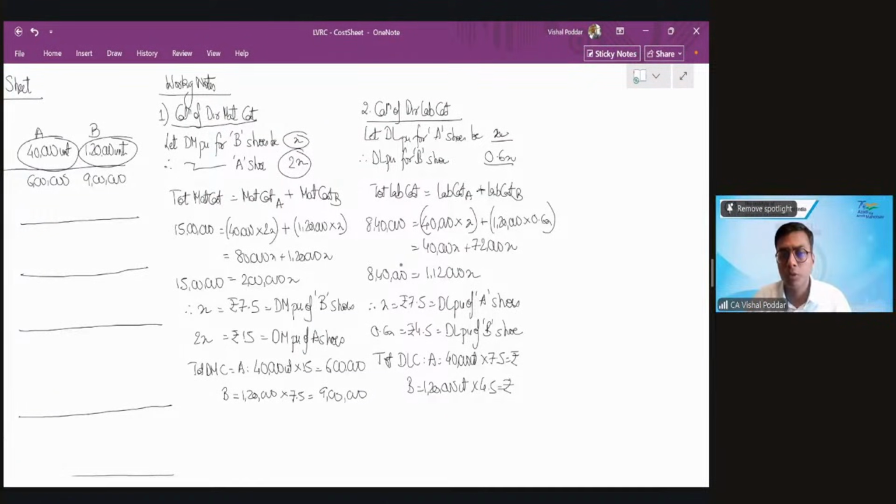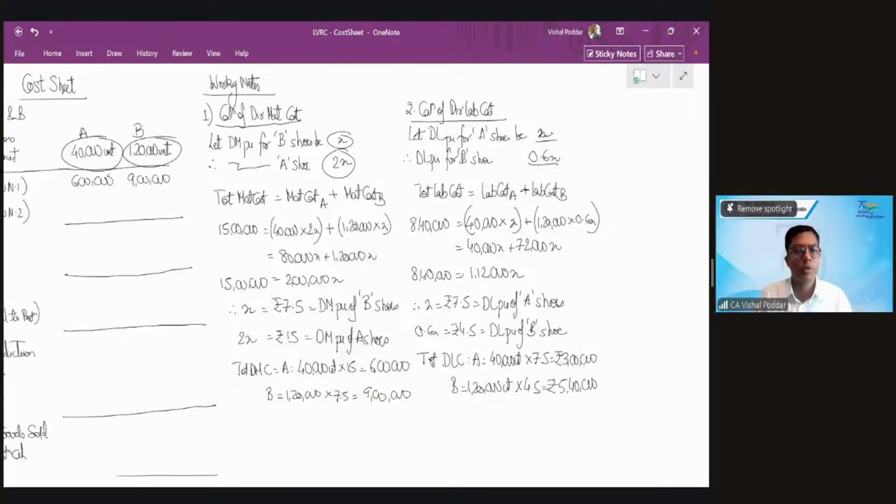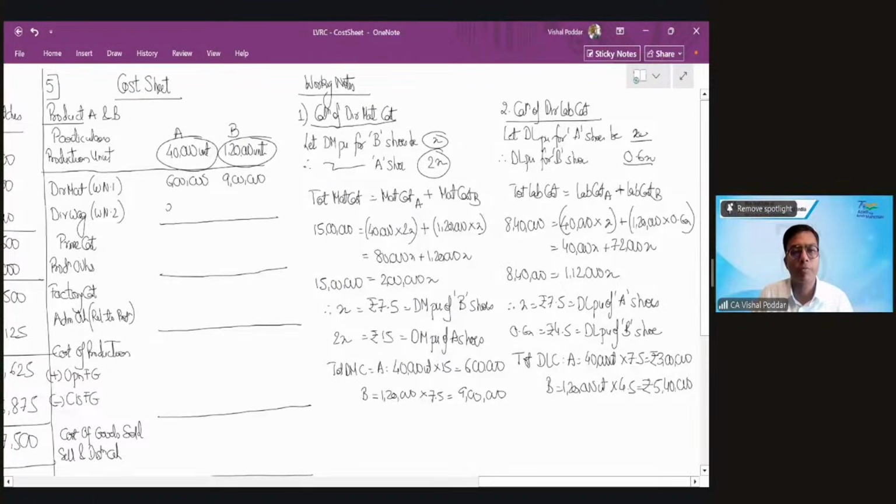So this comes to, students, 5,40,000. This will come to 3 lakhs. So 3 lakhs and 540. So now we can proceed. 9 lakhs, 1440. Right, students?